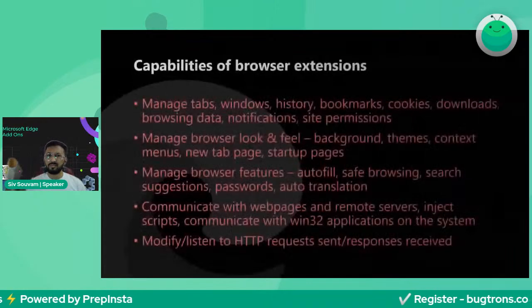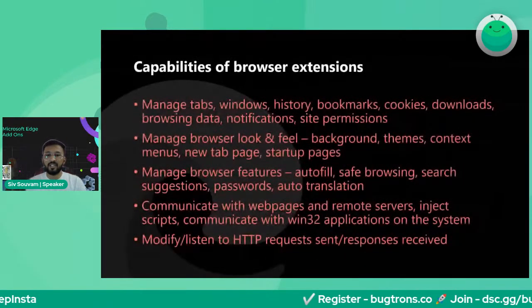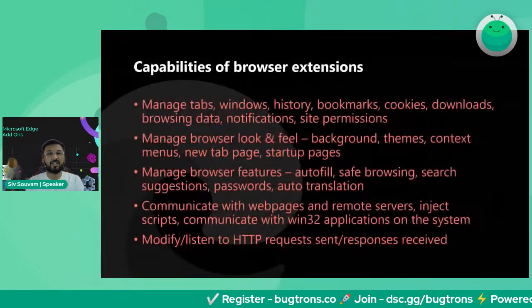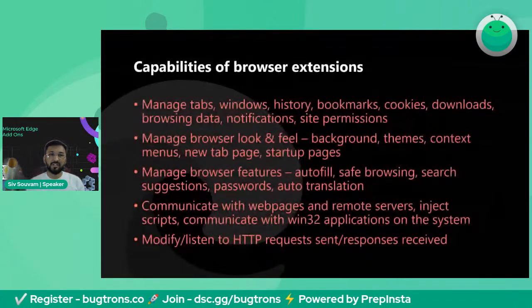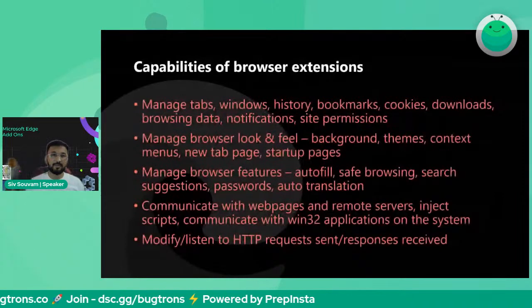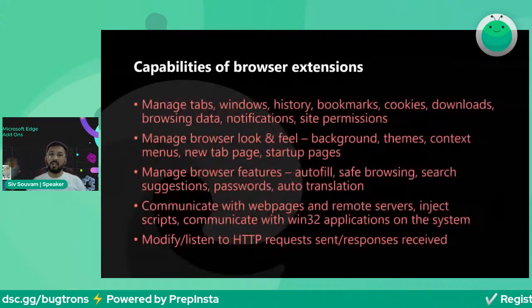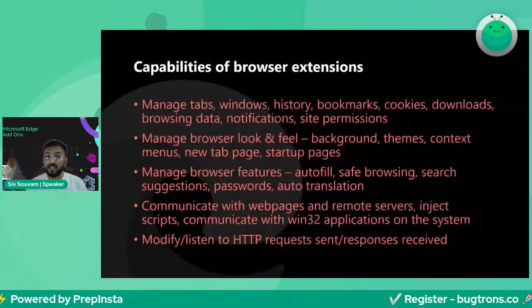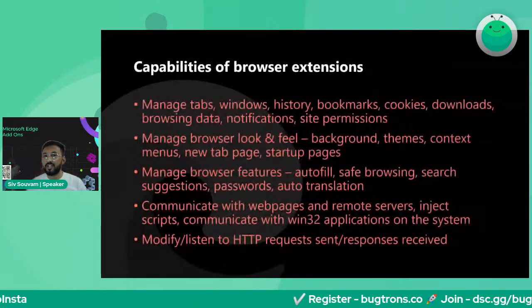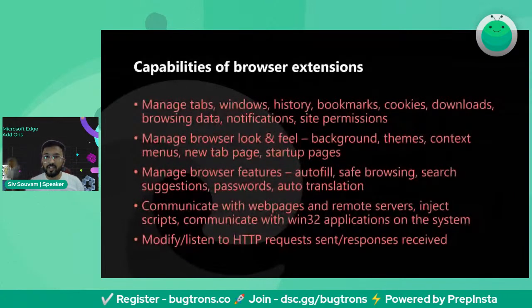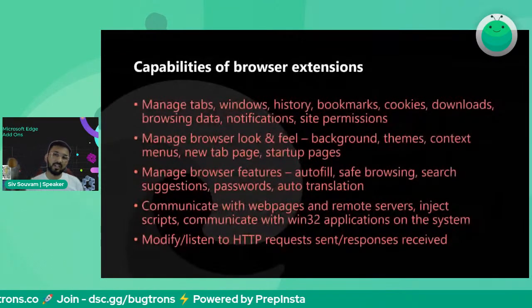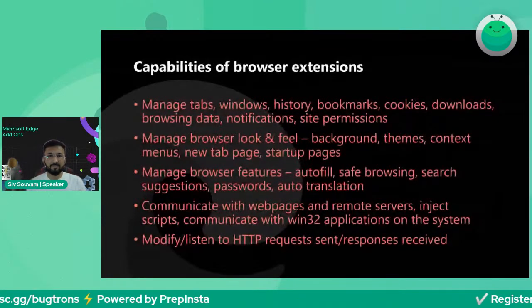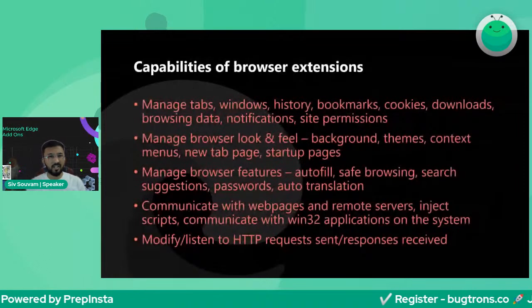Going through all this, you must have understood the capabilities of browser extensions. A browser extension helps in managing tabs, windows, history, bookmarks, cookies, downloads, notifications, and site permissions. It changes the look and feel of your browser background. It helps you change themes, context menus, new tab pages, and startup pages.